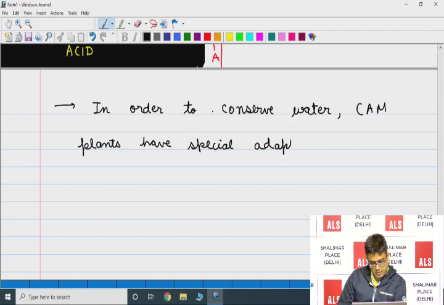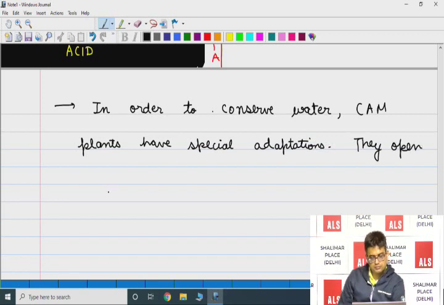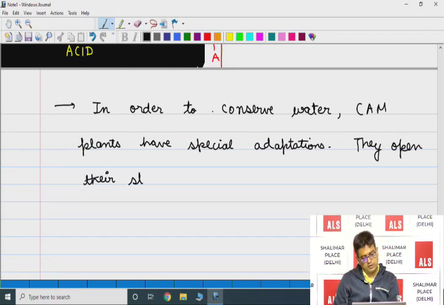What are these adaptations? They open their stomata only during the night time.